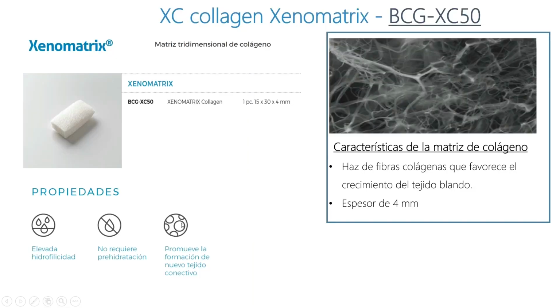The BCG XC50 has these dimensions: 50 millimeters by 30 millimeters by 4 millimeters of thickness. Its properties are high hydrophilicity, it doesn't require prehydration, and it favors the formation of new connective tissue.